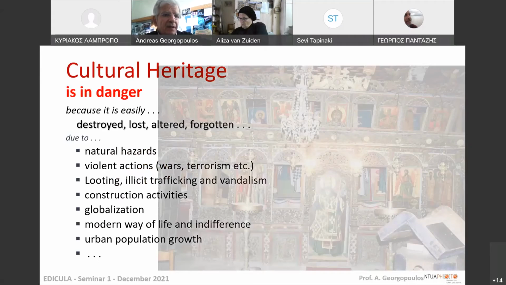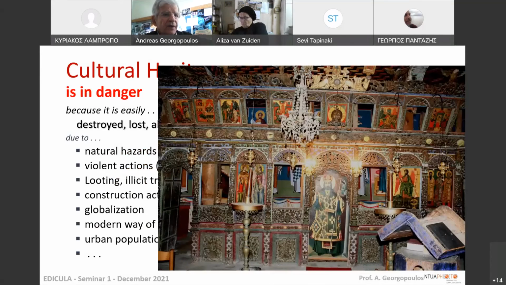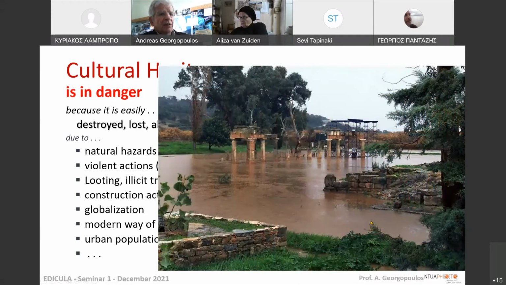And I have here some examples of this destruction. This is an iconostasis of a remote Byzantine church up in the mountains of northern Greece, and you can see that some icons are missing, very valuable and very old icons. So this is a case of looting.